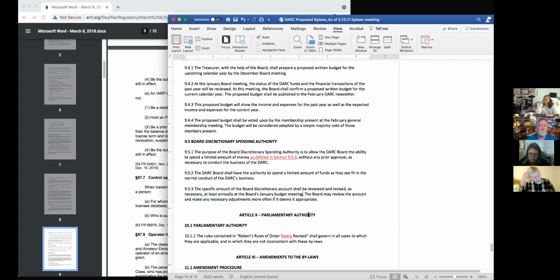That sort of gives us a license. That does too, yeah. I mean, 9.5.2 is also open for a limited amount in the normal conduct of our business. It's the only limitation on 9.5.2.